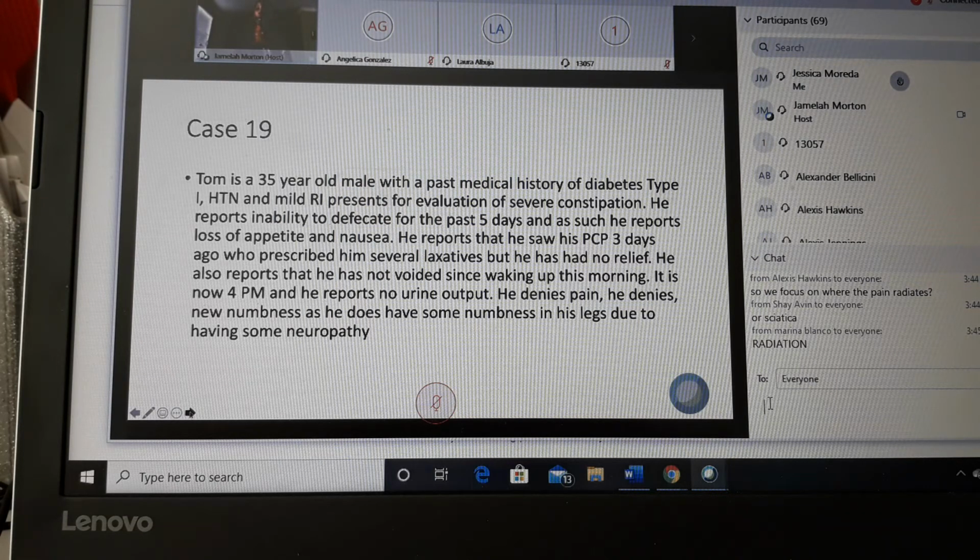I always ask them, is it anterior or posterior? Does it go past the knee? Does it go into the foot? Does it go into the toes? If it's neck pain, does it go into the hand? Does it stop at a certain part of the hand? Is it in the bicep? Is it the tricep? Does it stop at the deltoid? And you'll be surprised. You'll see patients with a pain pattern, and it's like, oh my God, this is textbook.